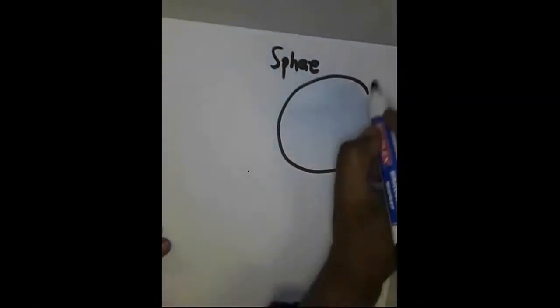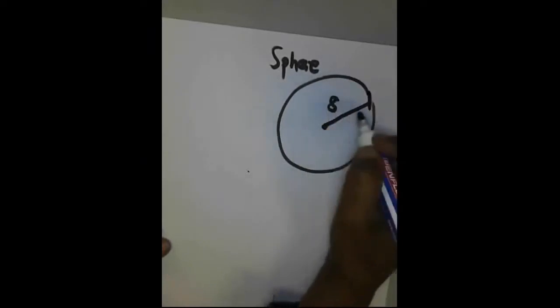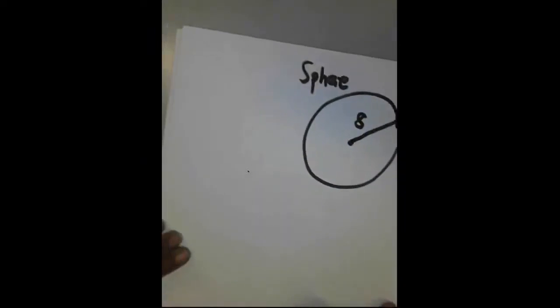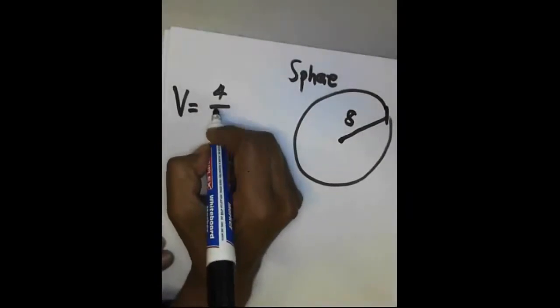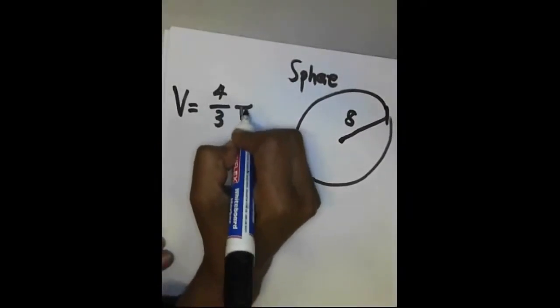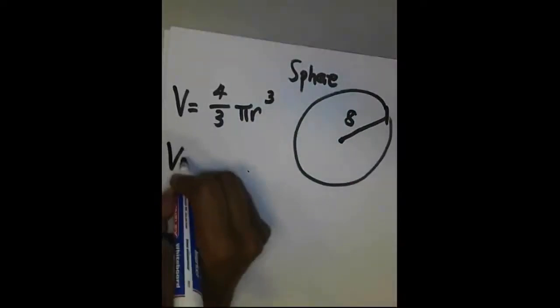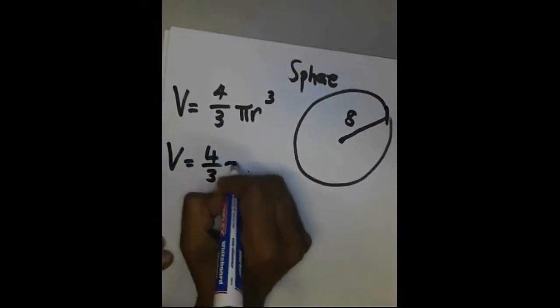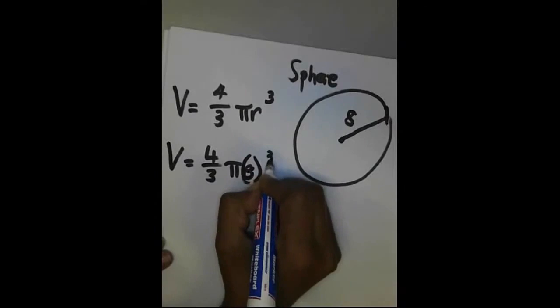I've got a sphere, and the radius of the sphere happens to be 8. The volume of a sphere formula is 4/3 pi r cubed, where the radius is 8. So I substitute 4/3 pi, and instead of r I'm going to put 8 and cube it.